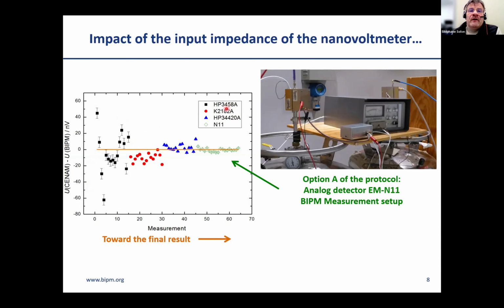specification of the meter. Starting from that point, we decided to install two different digital nanovoltmeters, one after the other, of course. We started with a Keithley, and those two digital meters are commercially available and can easily be found in NMIs these days.